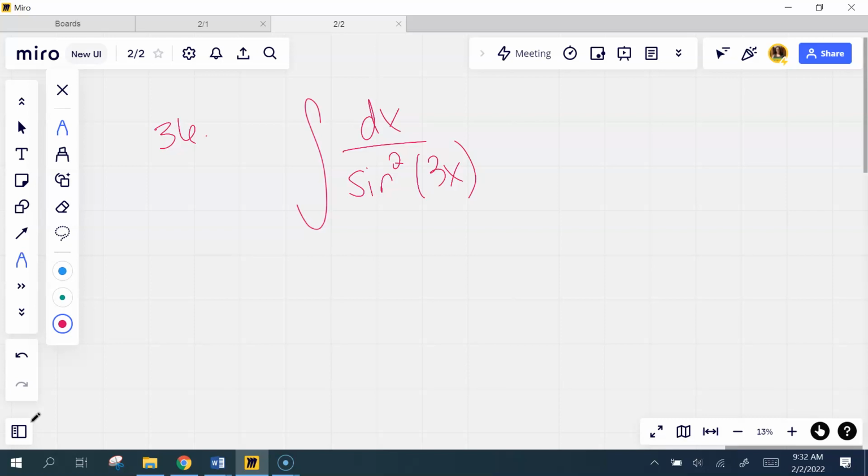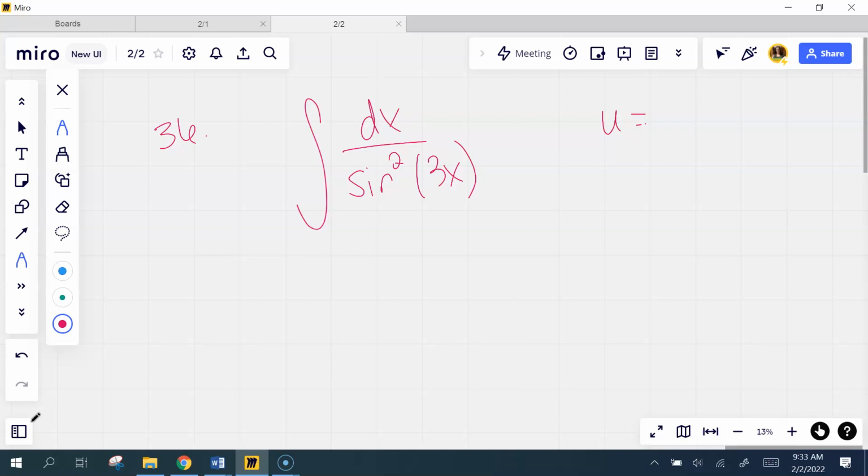Do you, off the top of your head, know what the antiderivative of 1 over sine squared 3x is? Cosecant. Is this the same one we just did? Did we do 1 over sine squared? Okay. That's okay. But this time it's a little different.